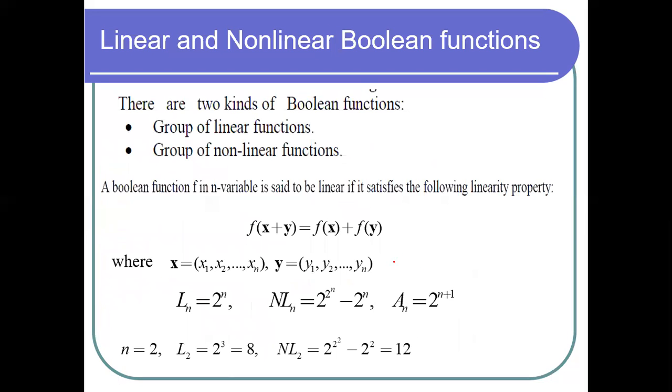Another class: how to classify the group of linear and nonlinear functions. There are two types of Boolean functions generally, which are quite helpful in cryptography. One is linear Boolean functions, and the second is nonlinear Boolean functions. Cryptographically, the linear Boolean functions are called P boxes, permutation boxes, and nonlinear functions are substitution or S boxes.